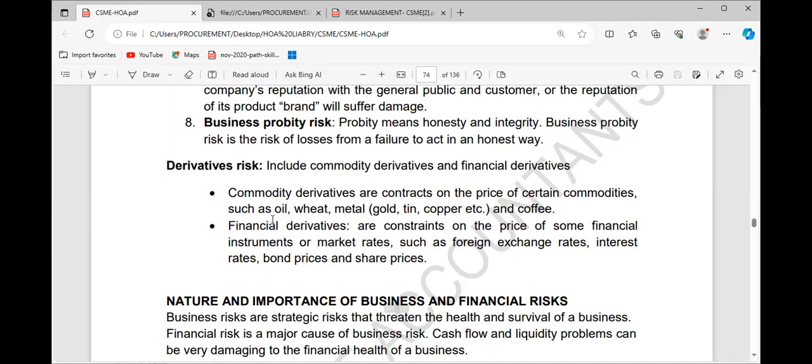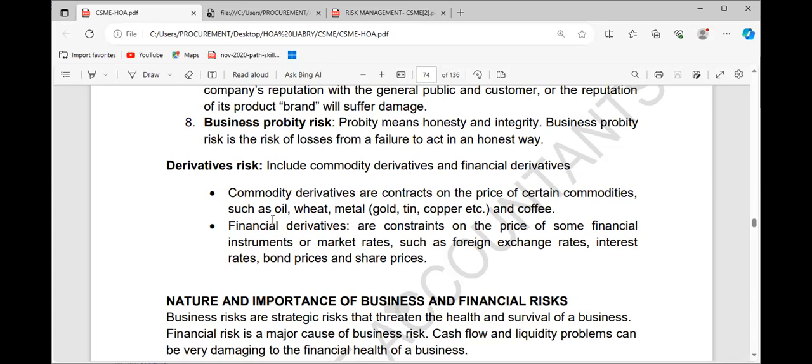It's very simple. Commodity derivatives are contracts on the price of certain commodities, such as oil, wheat, meat, and coffee. Don't worry, I'm going to explain when we move on. Then we also have financial derivatives, which are contracts on the price of some financial instruments or market rates, such as foreign exchange rates, interest rates, bond prices, and share prices.